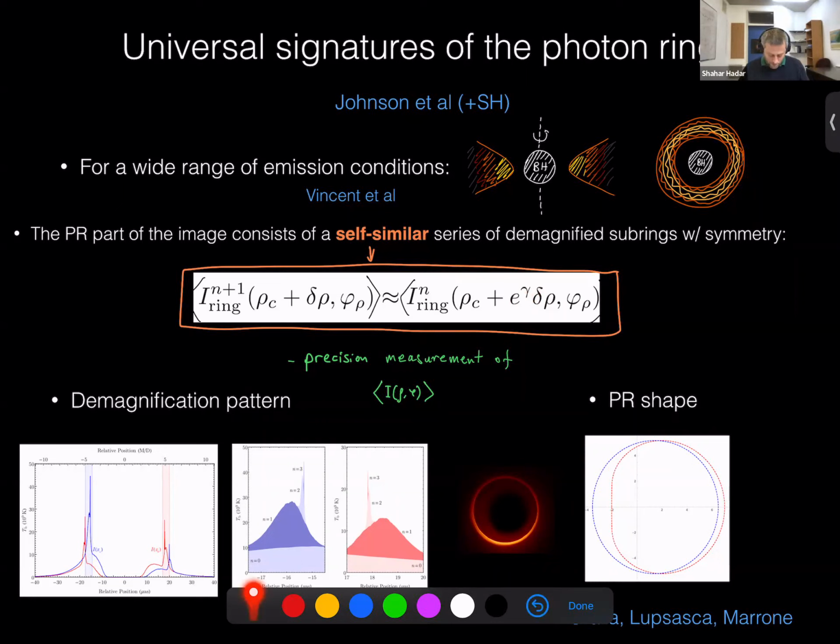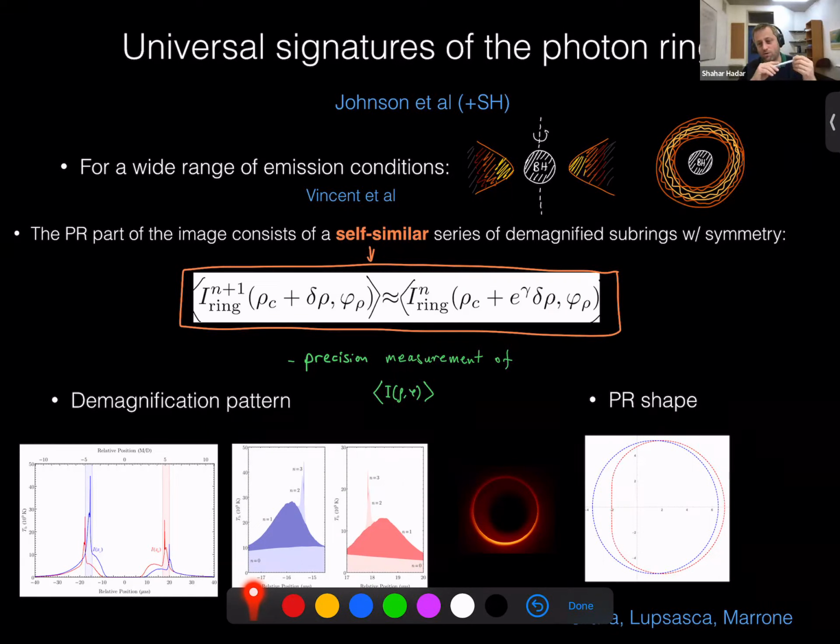So the n=1 subring has some profile, and on top of that we get an n=2, which has the same profile, only demagnified by a factor e to the gamma, and then n=3, etc. They are exponentially squished to the critical curve, and therefore the flux in each subsequent image is exponentially smaller. So it is challenging to detect. But on the other side, these features become sharper and sharper.